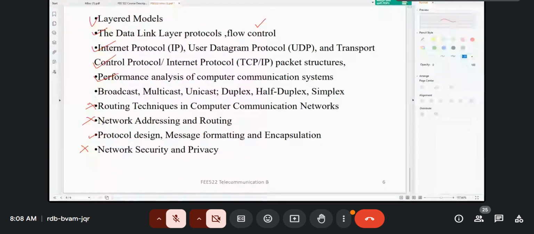Nonetheless, the OSI model is very popular.